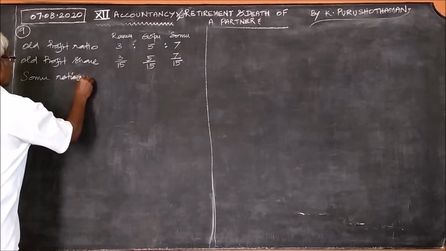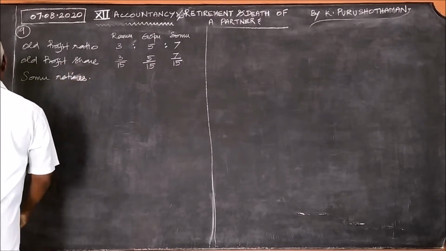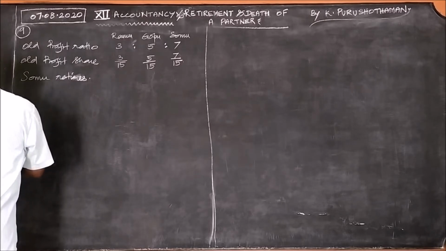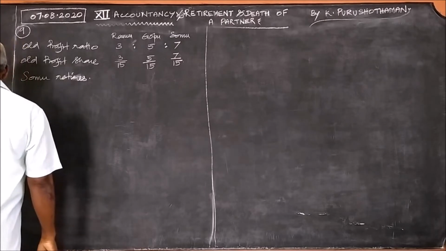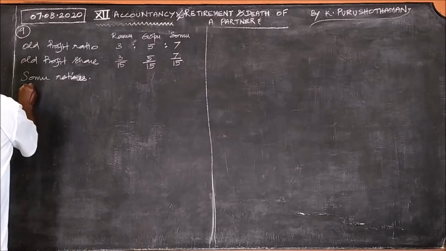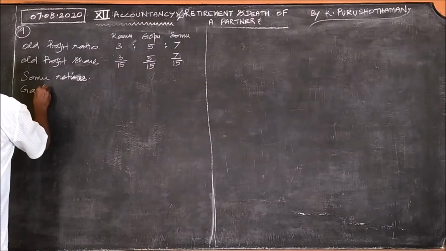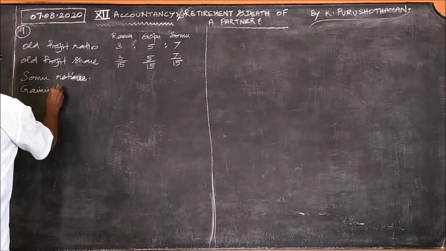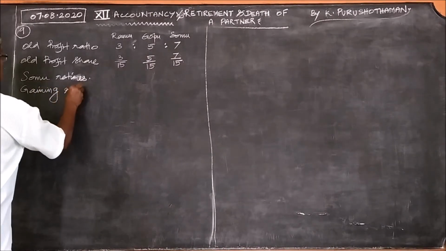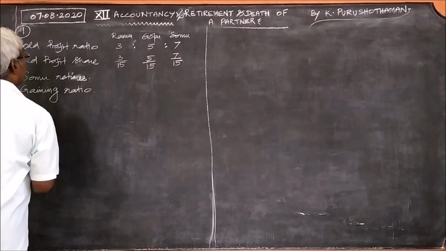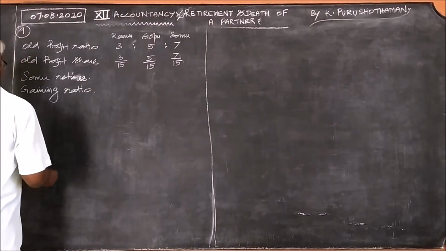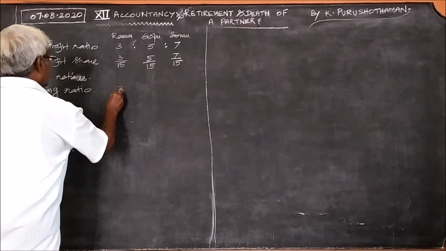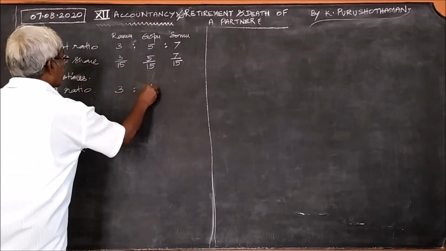And in that case, the gaining ratio of Ramu and Somu is 3:1.